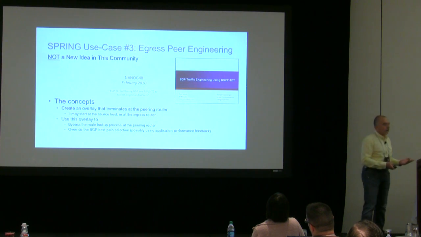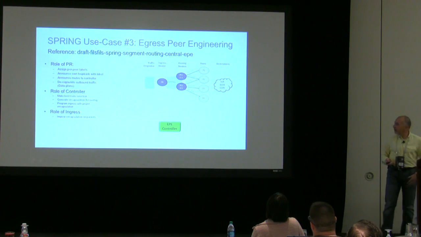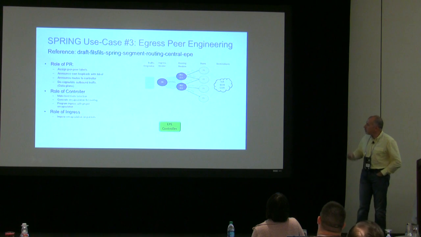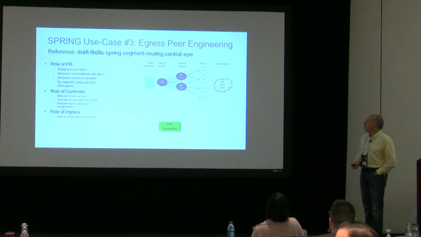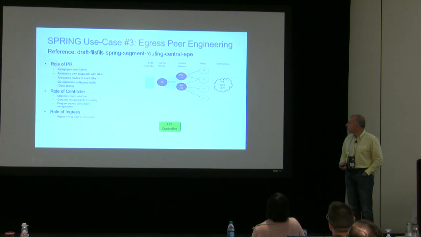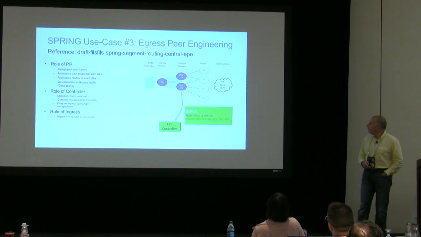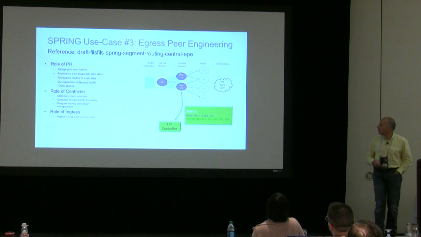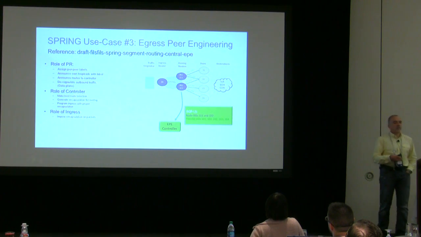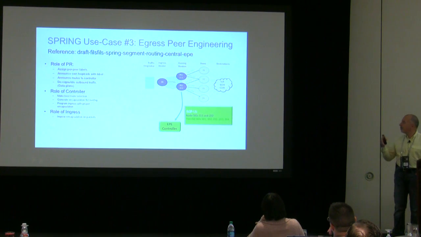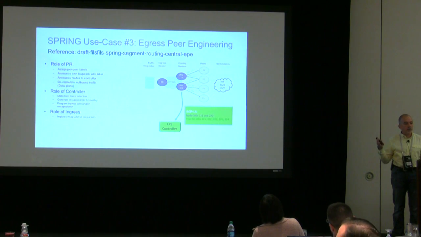And the way you would do that is by creating this overlay. And this is the way that's proposed to do in Spring. So you create this overlay, and then you have a controller, and the controller gets adjacency, or in this case, they're called peering SIDs that identify each of the peers. It also gets a node SID for every peering router.